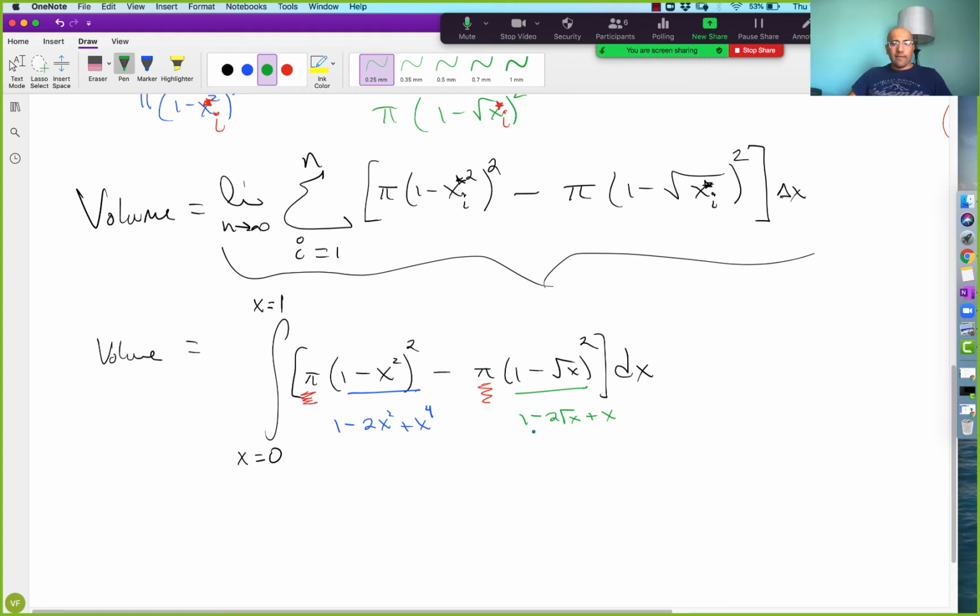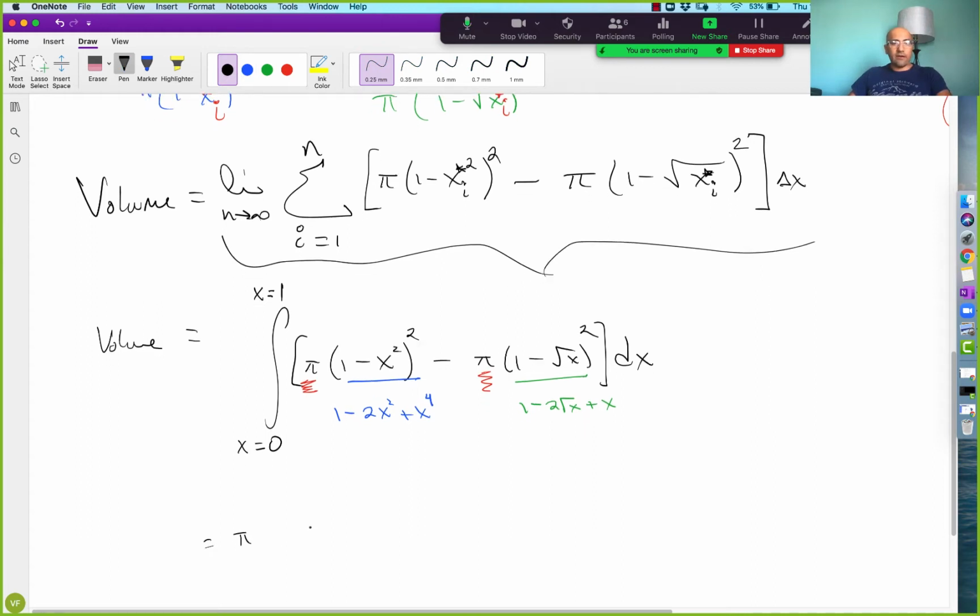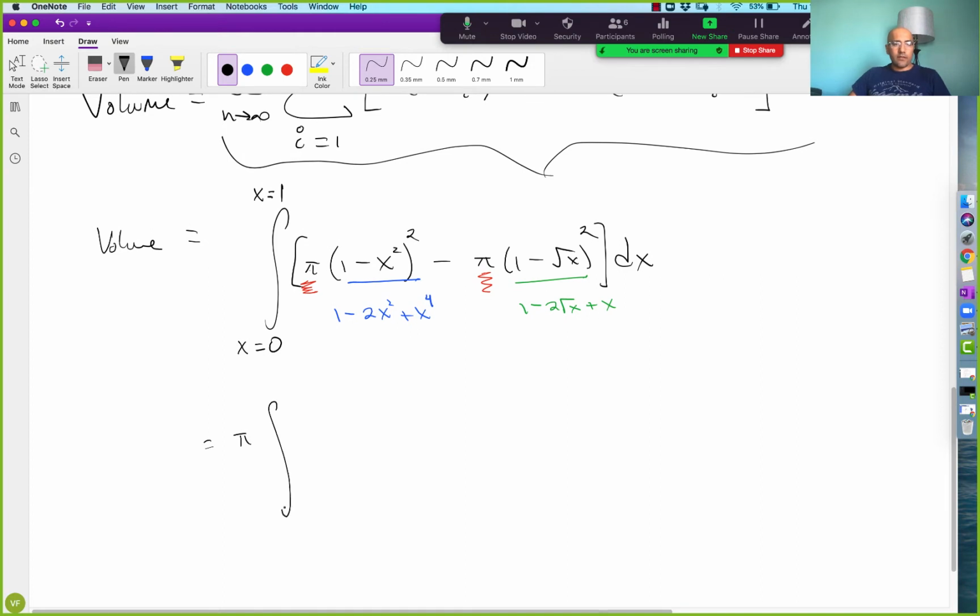And then when I distribute this minus across these two, I'll get pi there on the outside, factoring it out, and then I'll get an integral as x goes from 0 to 1.